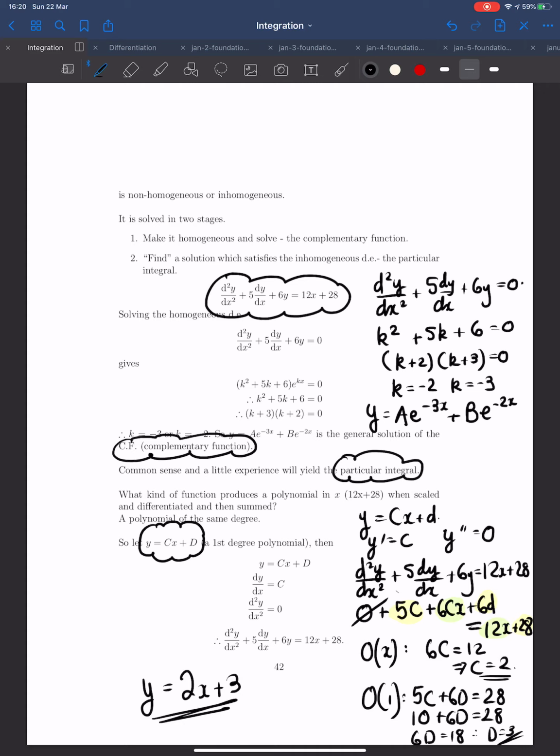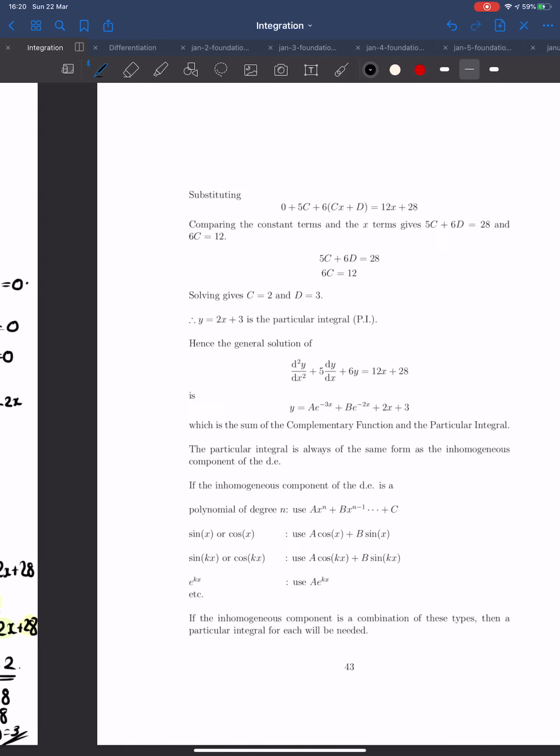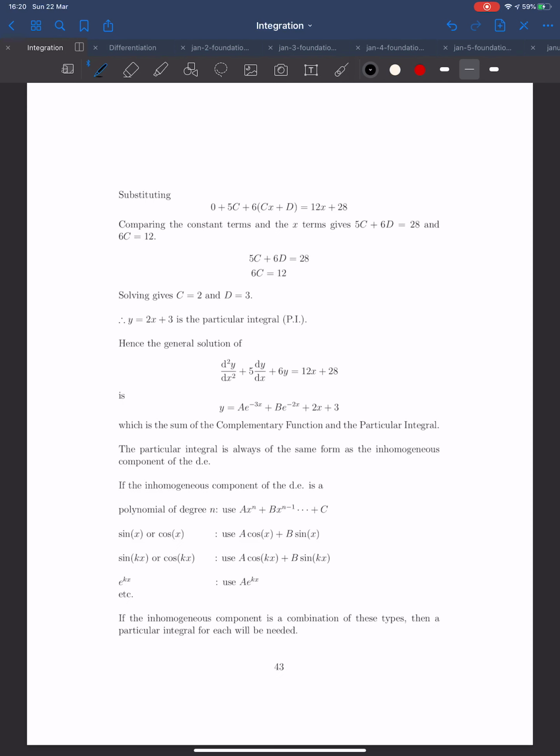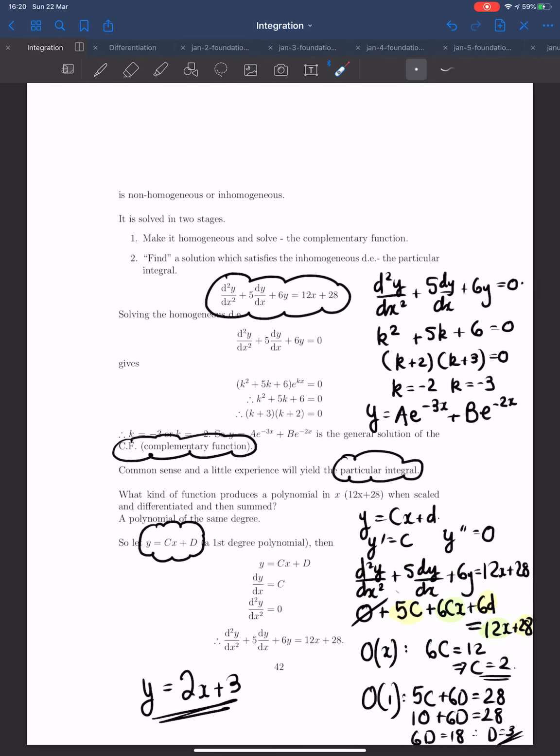That's called the particular integral, because when you substitute that into the left-hand side, you get the right-hand side, 12x plus 28. Okay, so on this page, I've done some of this here. Combine it all together in the end. So y equals 2x plus 3 is the particular integral. We also had a e to the minus 3x here.